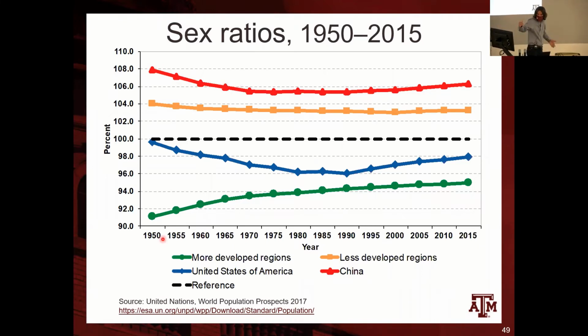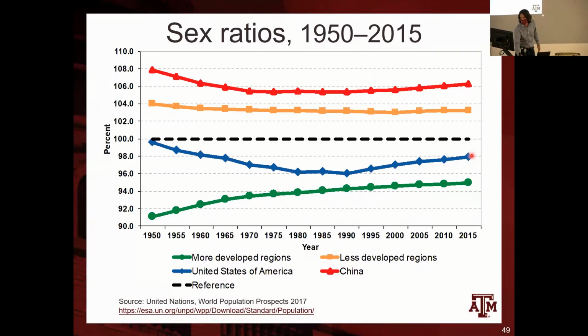But what you see for more developed regions in the US is that you have more women than men, but at the same time, now the improvement in mortality for men is also catching up to the levels of women. So the sex ratio is not so low anymore, both for all developed regions taken as a group and the US by itself. It's getting a little closer to 100, saying that men are living a little longer than before, but it's still less than women.